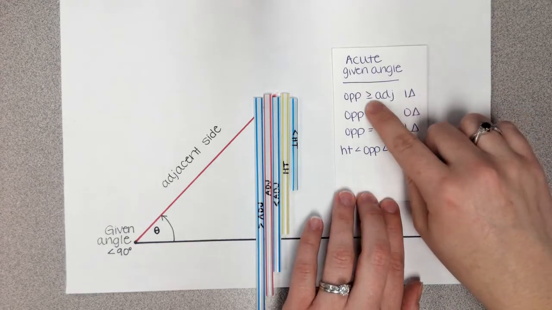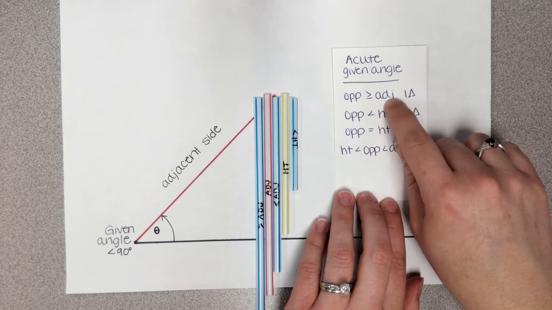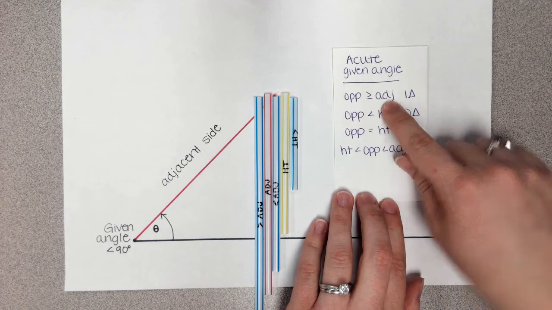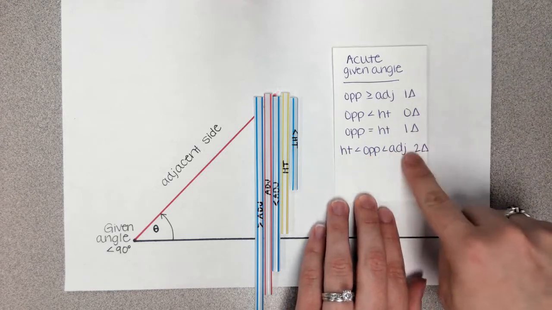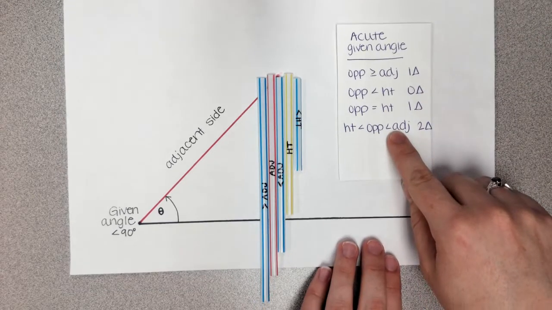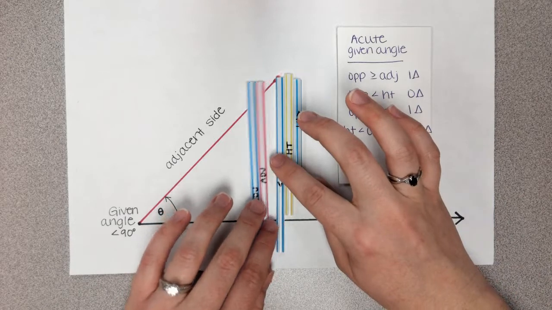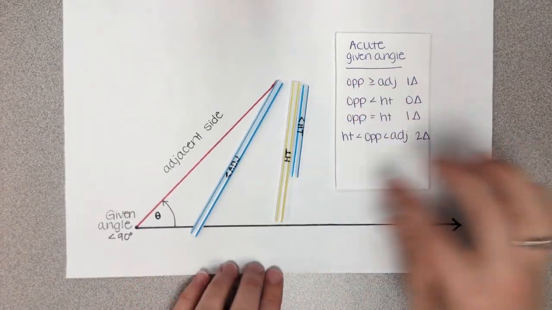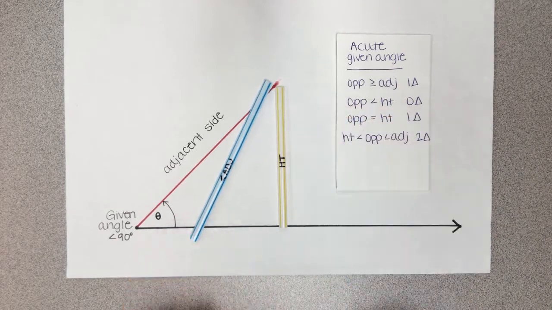If your opposite side is greater than or equal to the adjacent side, it makes one triangle. And then the only situation that creates two is when your opposite side is longer than the height but shorter than the adjacent. Like that situation.